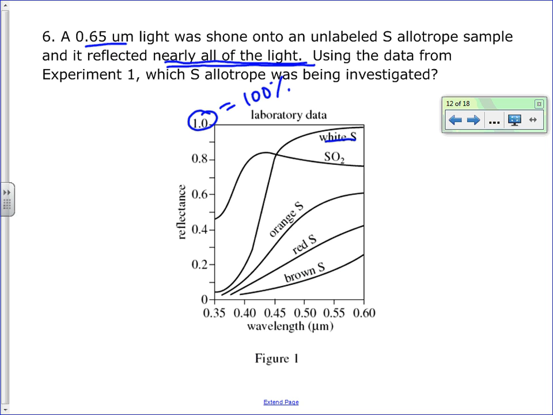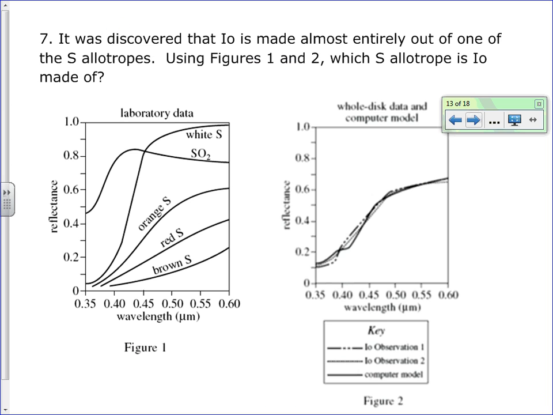All right, now how come we are looking at this side instead of, because you'll notice that white S also is down there. Yeah, and we're looking for 0.65 micrometers, which actually would be over there. Ding. Nice one.